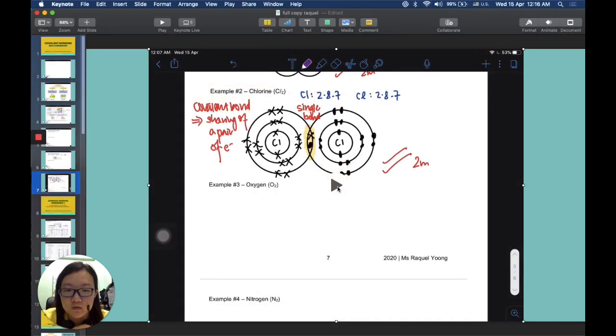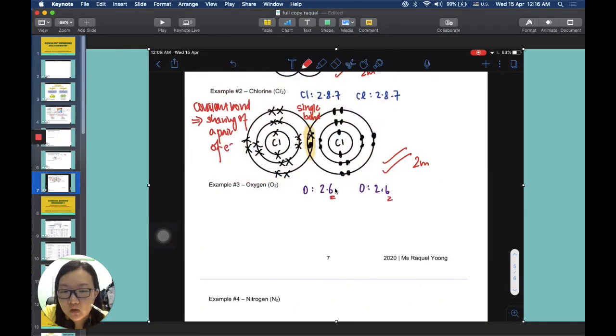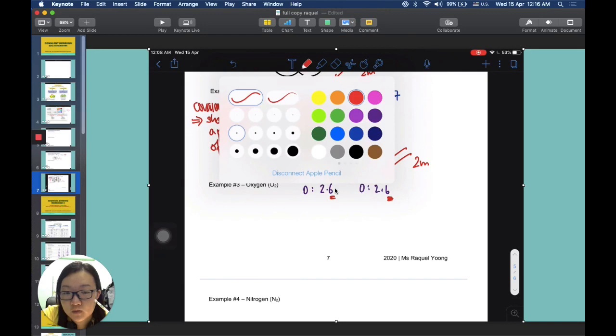So let's carry on with example number 3, which is oxygen gas, O2. As mentioned, as the examples carry on, it just gets more and more tricky, more things to take note of. But the steps should remain the same. So oxygen atom, the electronic configuration is 2.6. Using the trick that I taught you, knowing that it is 2.6, oxygen needs 2 more electrons to form the octet.